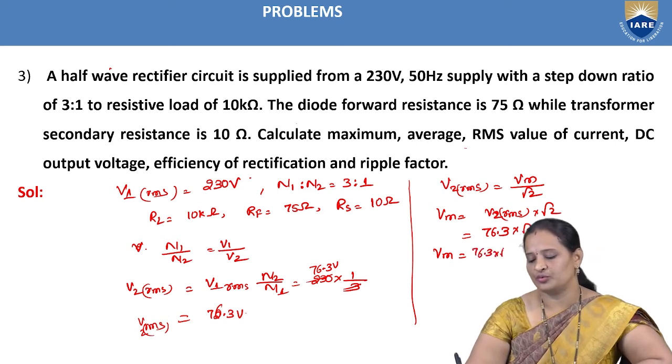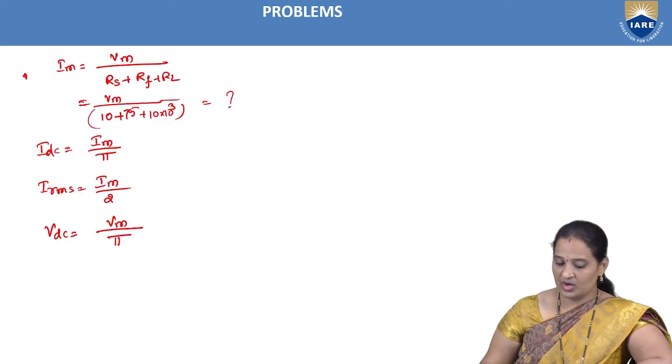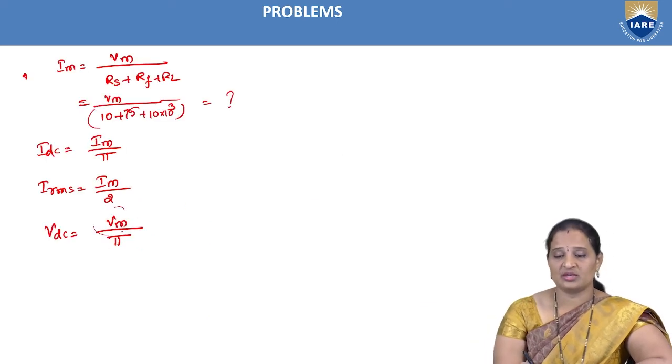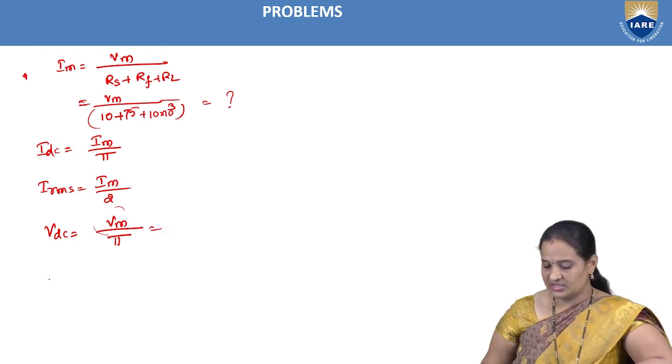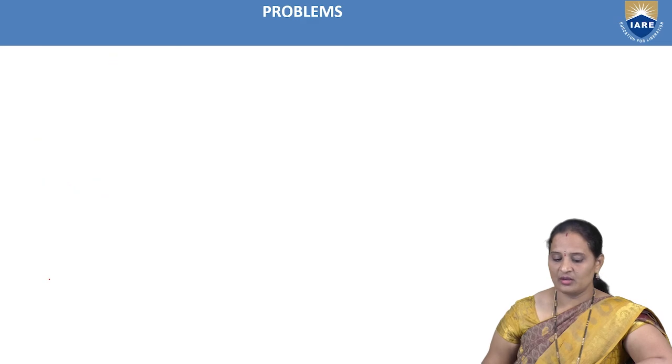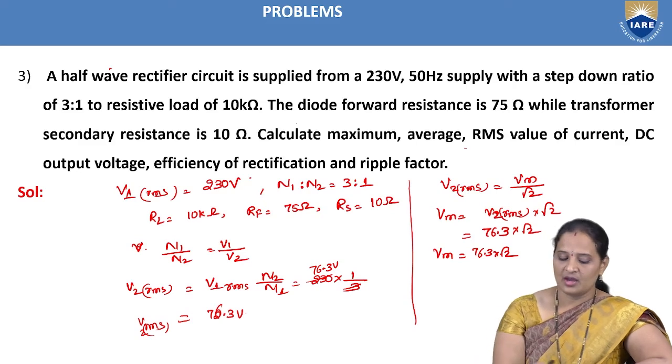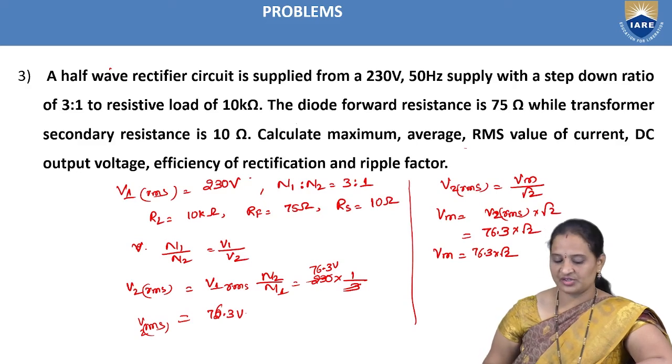Okay. So now for VDC, as you know Vm, you can just substitute the value of Vm and find out the VDC value. Once the VDC value is known, we can calculate the next thing, efficiency of rectification.